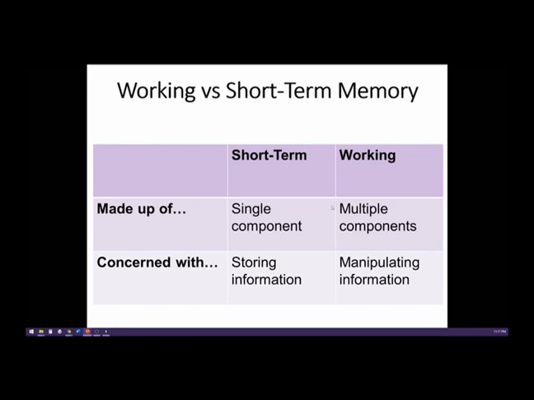We're going to spend the next couple of slides talking about each of those components, but because it's doing more, manipulating information, there's going to be more moving parts to this type of memory. And again, it's concerned with not just storage, but this time manipulating information, doing something with that information.